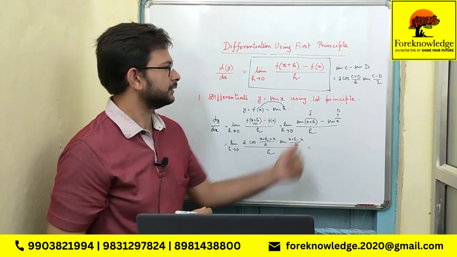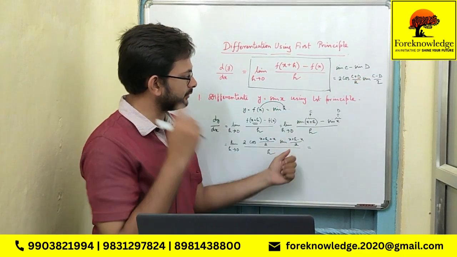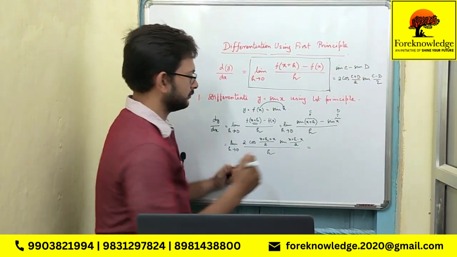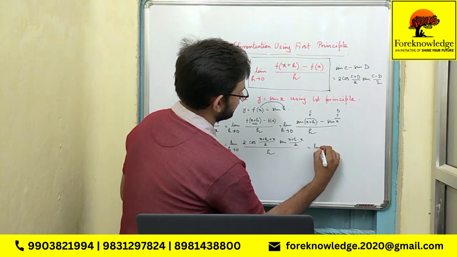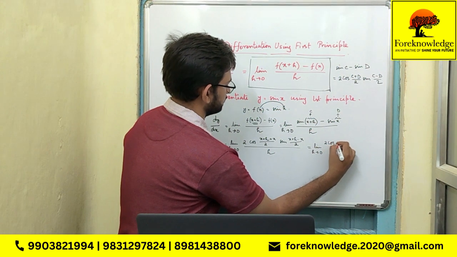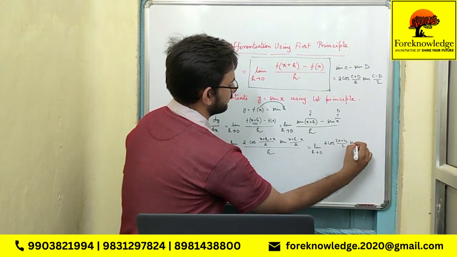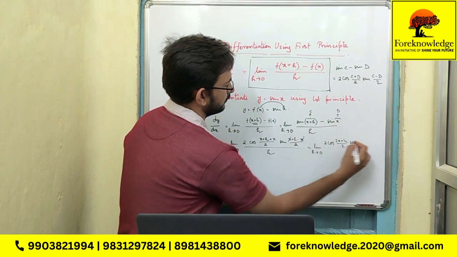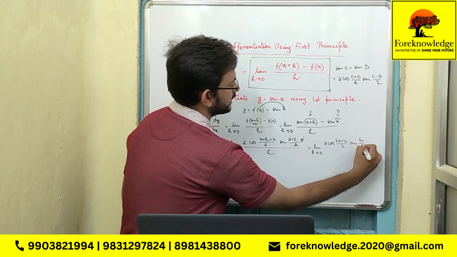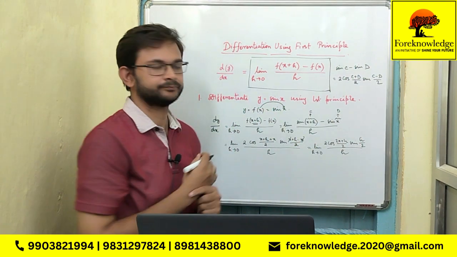Which is equal to limit h tends to 0, 2 cos (2x plus h)/2 sine, the x's will get cancelled, so h by 2, whole divided by h.